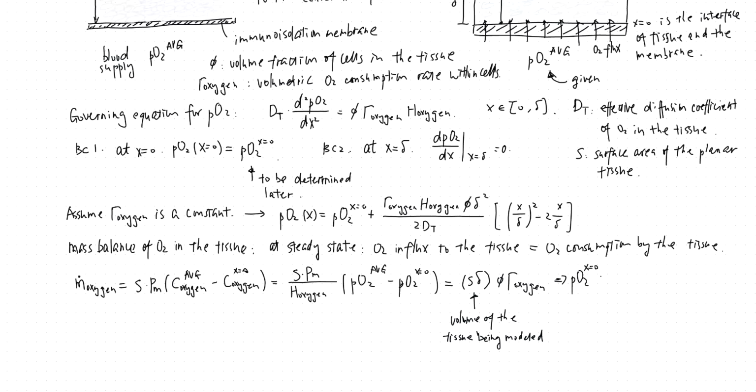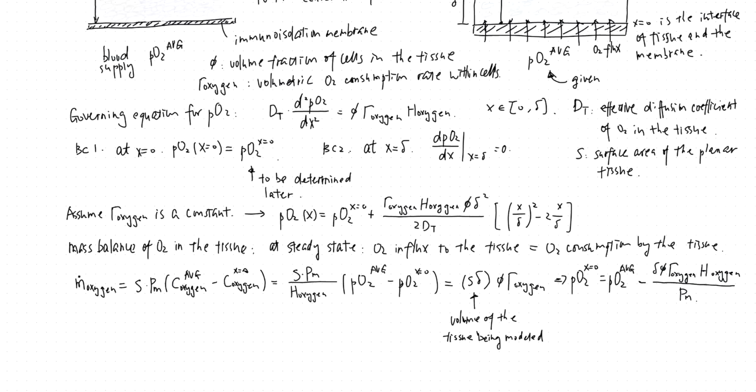It equals PO2 average minus delta gamma oxygen and the Henry's constant, divided by Tn.